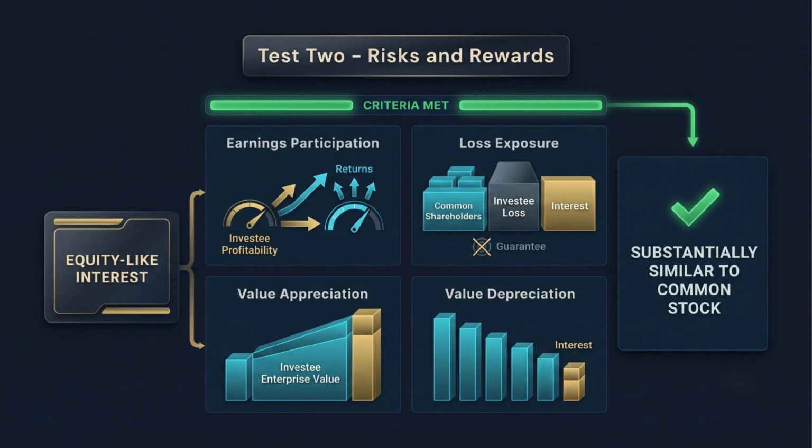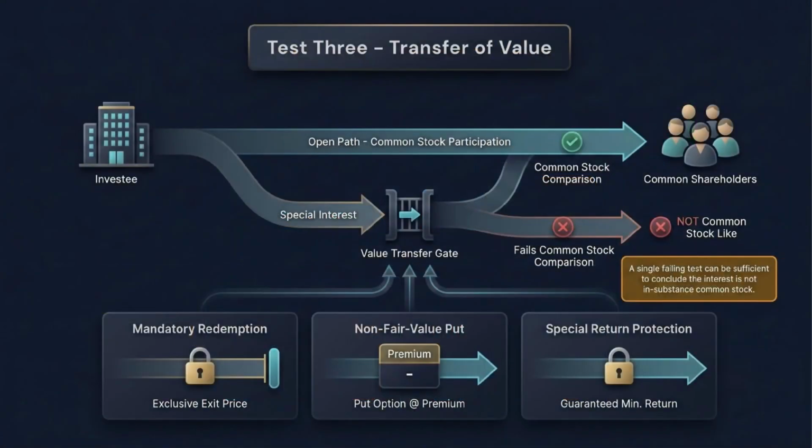If the return is fixed, guaranteed, heavily capped, or shielded from losses, then it starts looking less like common stock and more like a protected financing arrangement. A common stock-like instrument should not only smile when the company performs well, it should also feel some pain when the company struggles.